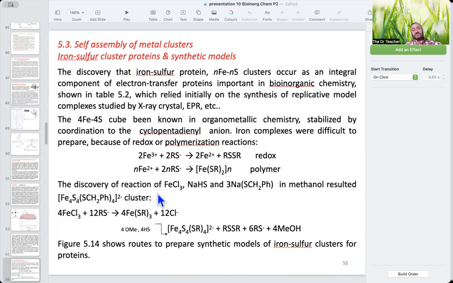The discovery of a reaction of trichloro iron, NaHS, and this in methanol resulted cluster. And this is the cluster here, which can form or convert to this as well. So let's see what's happening here.